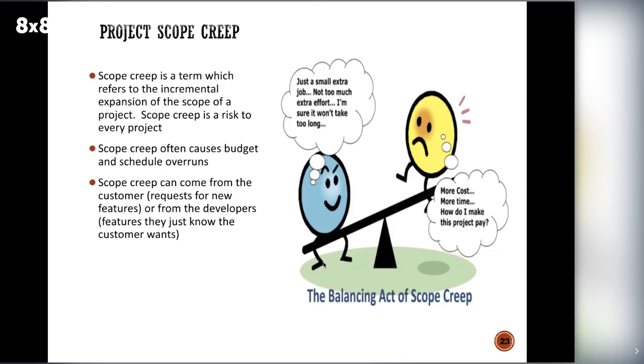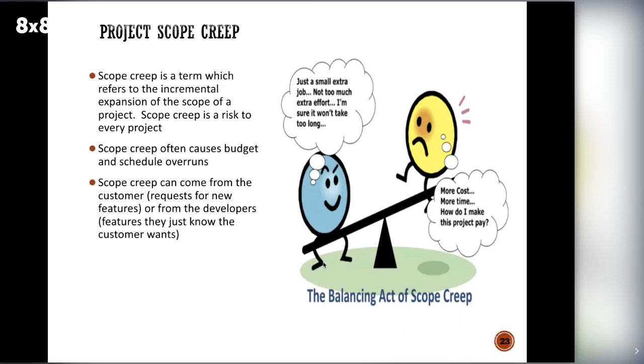Now, what is project scope creep? As a BA, you need to understand what scope creep is. It's a term which refers to the incremental expansion of scope of a project. Scope creep is a risk to every project. Scope creep often causes budget and schedule overruns.